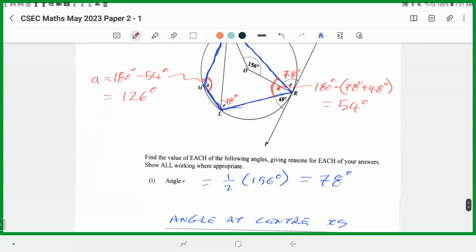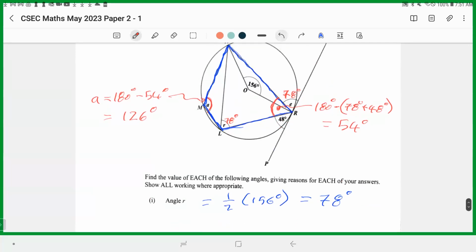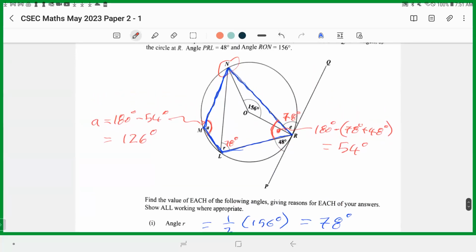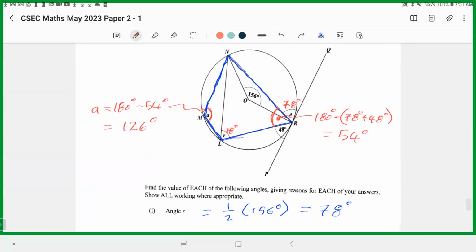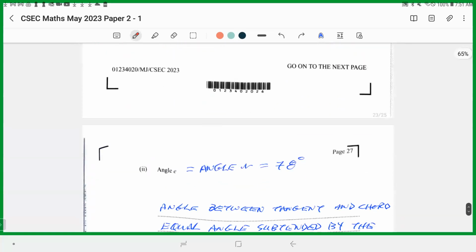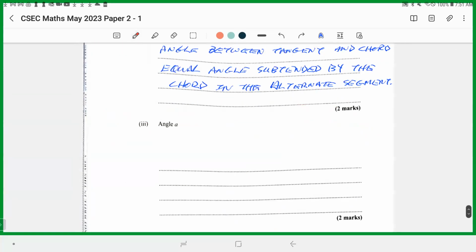Well, let's put the working down. First, to get this angle, I'll tell them that this angle, angle NRL, is 180 degrees minus the 78 and the 48, which gave us the 54.